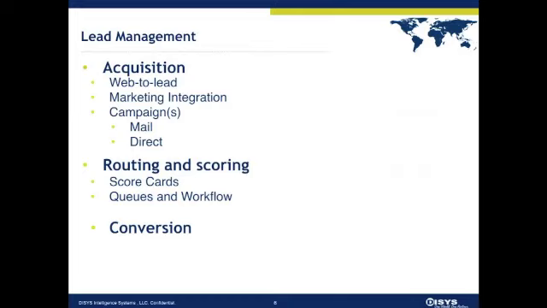So that takes us to routing and scoring. So we've gathered all of this data on our prospect, our lead, and then becoming a prospect. And now we're going to score it. There's a lot of systems out there that do this work for us. So you can purchase additional modules such as Pardot and Exact Target and Eloqua and HubSpot and all of those.